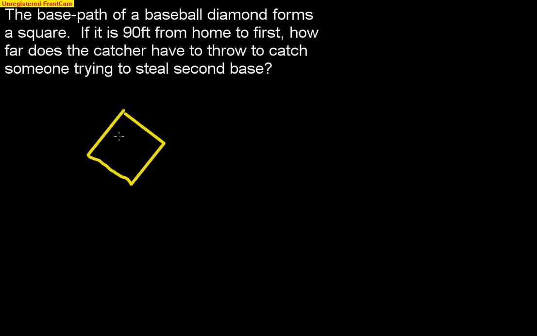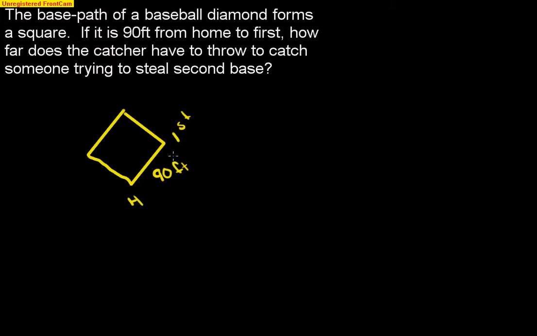Okay, and it said it's 90 feet from home to first base. So here we've got first base, here's the home plate, and so that distance here is 90 feet. Okay, and let's see, how far does the catcher have to throw?